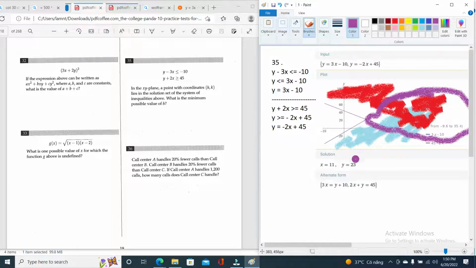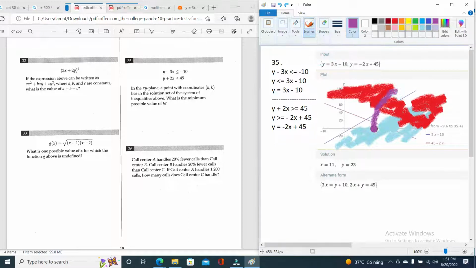They ask what is the minimum possible value of h. So it's the x coordinate. x is smallest at the intersection of these two lines. So it's 11, because we have a solution here with x equal to 11. The minimum x value of this solution set is right at this intersection point.